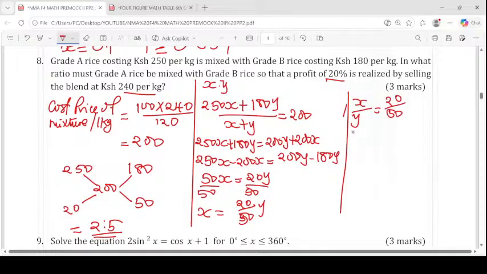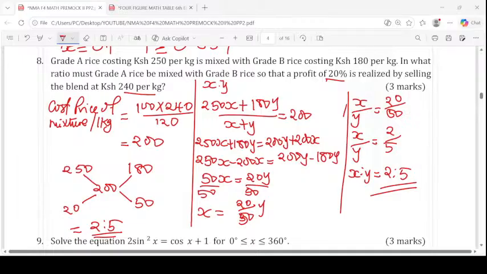Remember this 20 over 50, so x over y will be equal to 2 over 5. Therefore, x is to y will be equivalent to 2 is to 5. Still, you can see all the two methods are fully acceptable in mathematics. So the two must be mixed in the ratio of 2 is to 5.